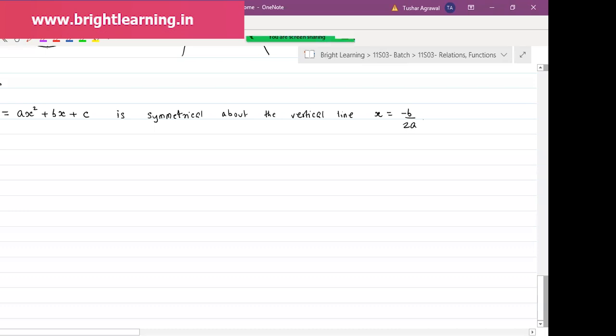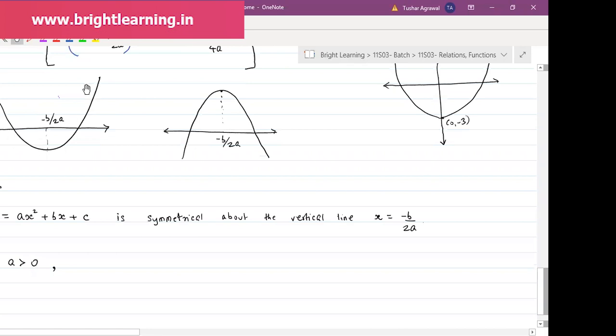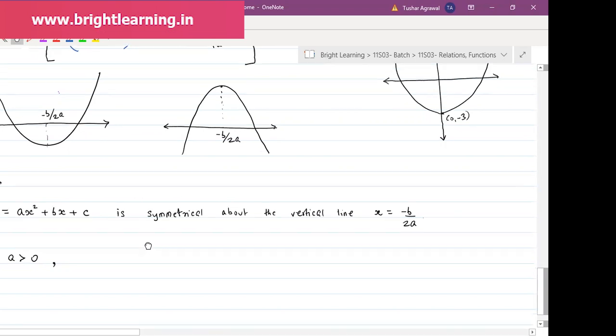Second remark: if a is greater than 0, what do we have? We have the graph as an upward facing parabola. The symmetric condition will always be there.